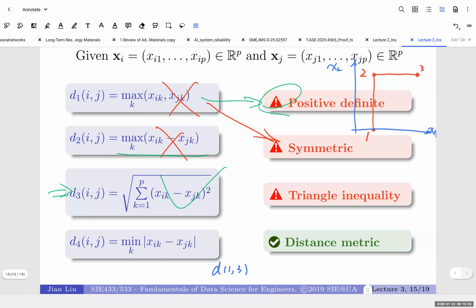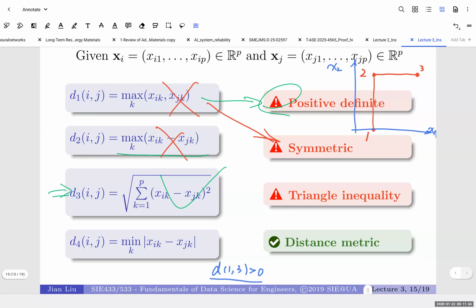According to this definition of distance, the minimum between x1 and x3 along two dimensions. At least we know it is positive, right? Because along both the x1 dimension and x2 dimension, the differences between x1 and x3 are positive. This is positive.